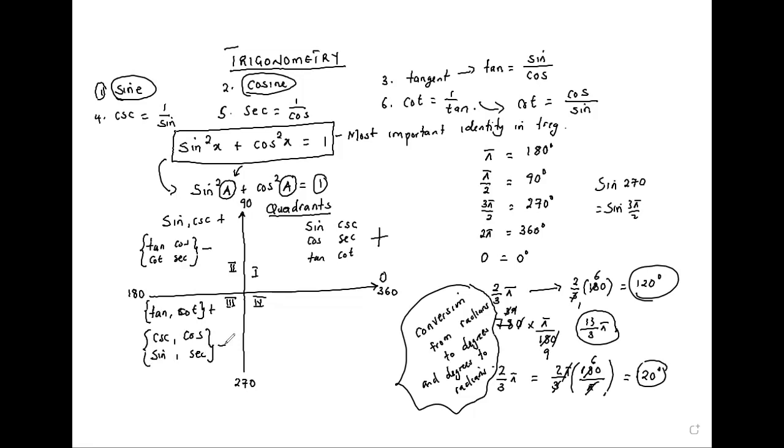In the fourth quadrant, we will have cos and sec. Only these two will give us positive values. The other ones, sine, cosec, tan, cot, will give us negative values for the angles between 270 and 360. So this is about quadrants.